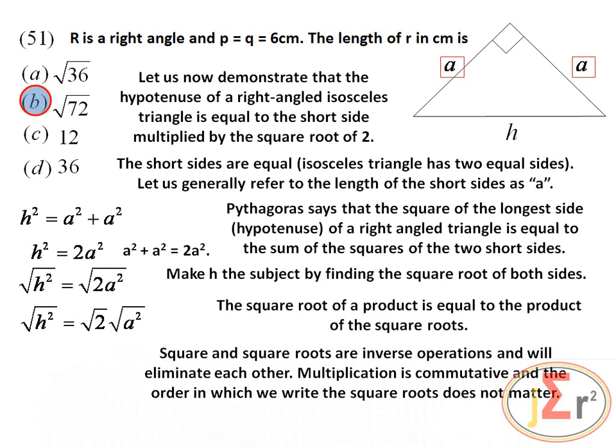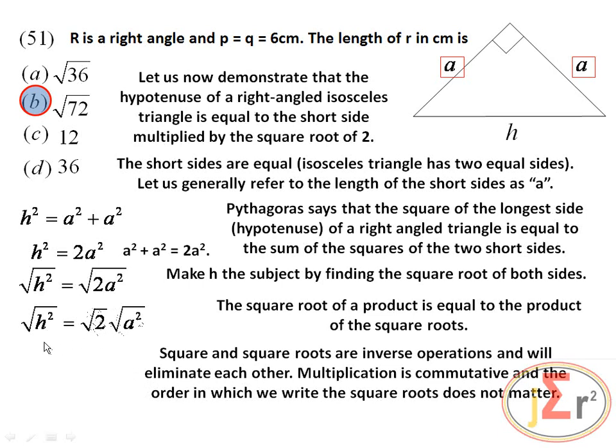So let us make use of this statement in writing the next step to this problem. So we have square root and square. Those are inverse operations and they will eliminate each other. So we will have on this side only h. Here we have a similar situation. We will have only a. Right. And then we need to be reminded that multiplication is commutative. So we may reverse the order in which we have these two.